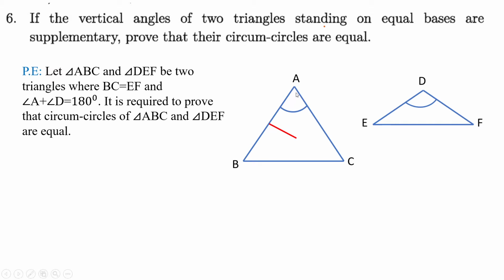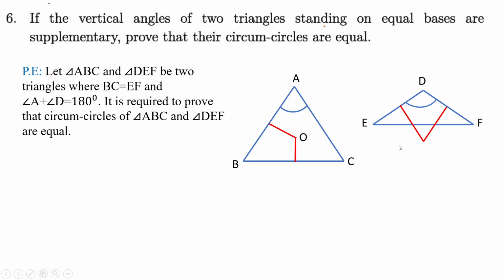Here, this red line represents the perpendicular bisector of AB, and this red line represents the perpendicular bisector of BC. Those perpendicular bisectors intersect at a point O. So O is the circumcenter of this triangle.